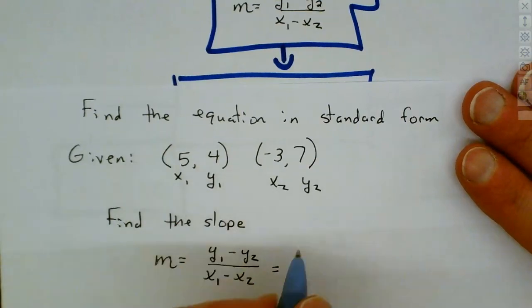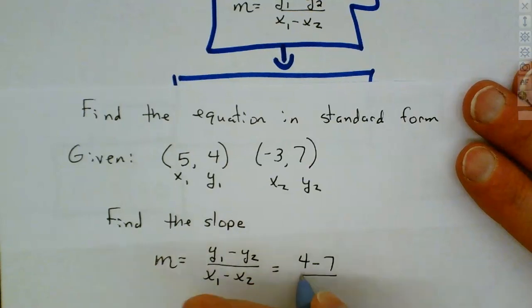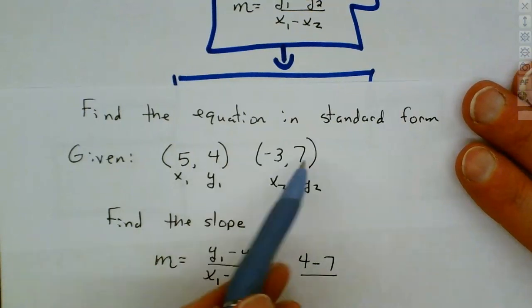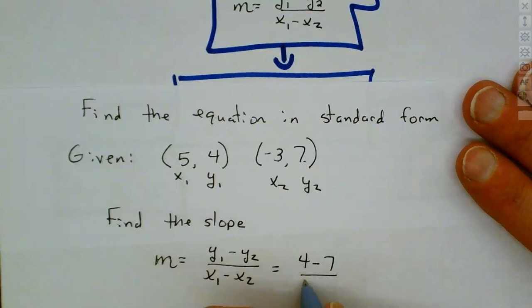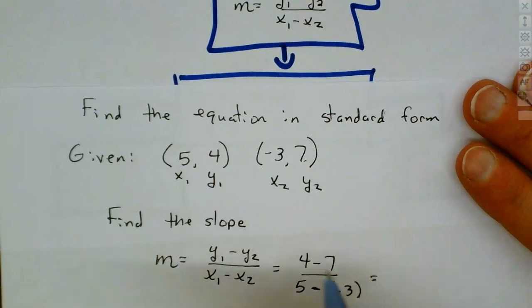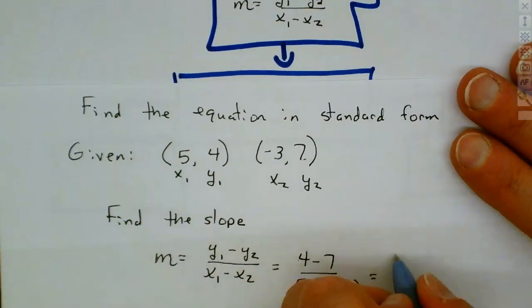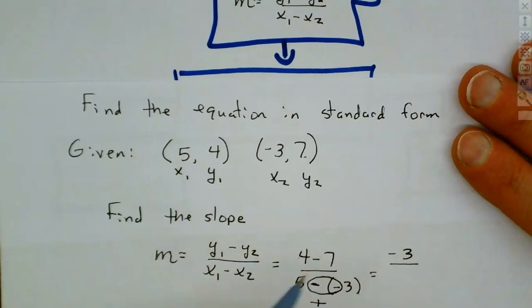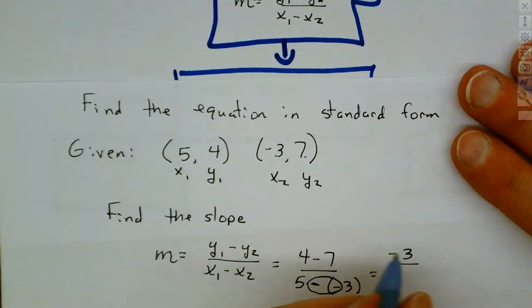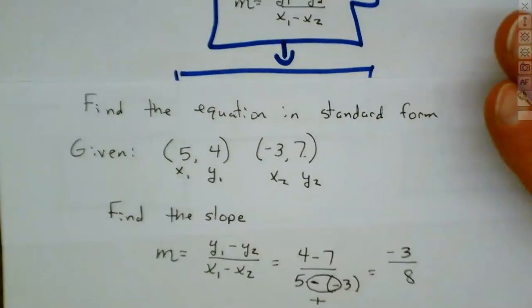Filling them in, that's 4 minus 7 divided by 5, watch for double negatives, minus a minus 3. Double negative here makes that positive. And 4 minus 7, well, that's a minus 3. And 5 plus 3, that makes it an 8.